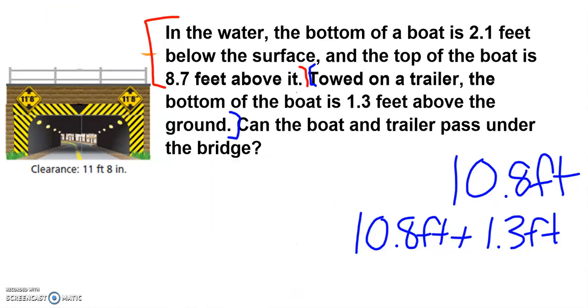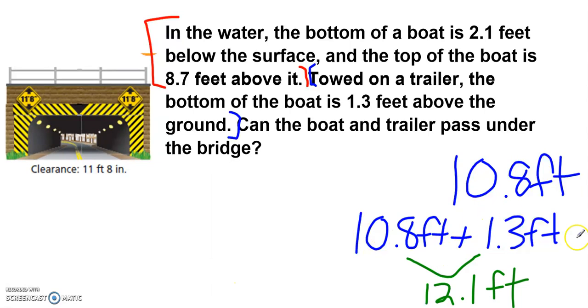Okay, and I'm going to start writing in a different color so we don't get confused. Okay, so it's going to give us 12.1 feet.